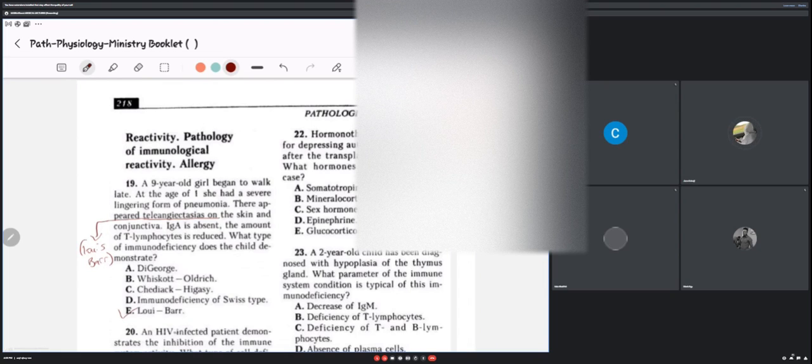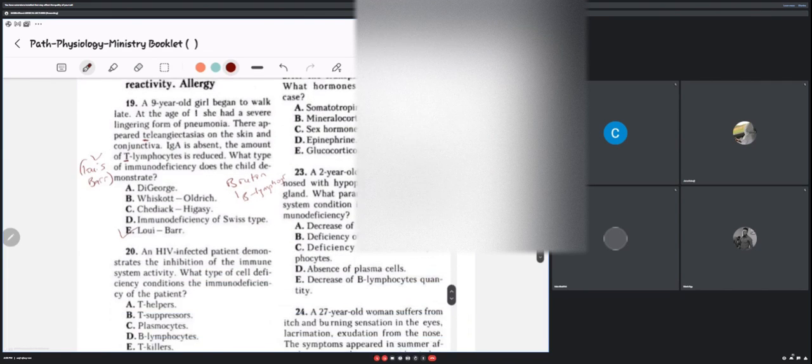First of all, T stands for telangiectasis and T stands for T lymphocyte, isn't it? So you relate that. Bruton is B, and B also stands for B lymphocytes. So you should use that to remember also. Are we together? So Louis-Bar syndrome is the answer here.